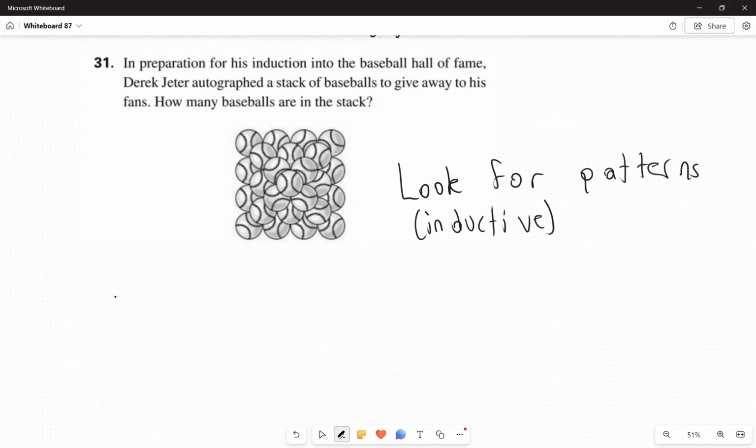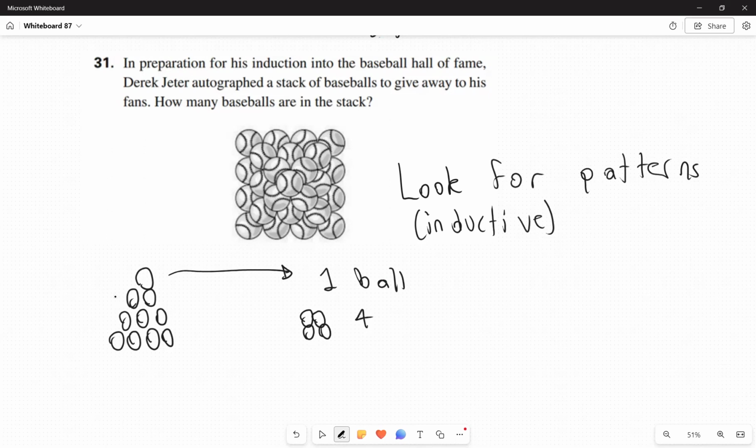So if we look at this sideways, we have that on top. So we have something like this. So on top, we have 1 ball. Next, below that, we have a total of 4.